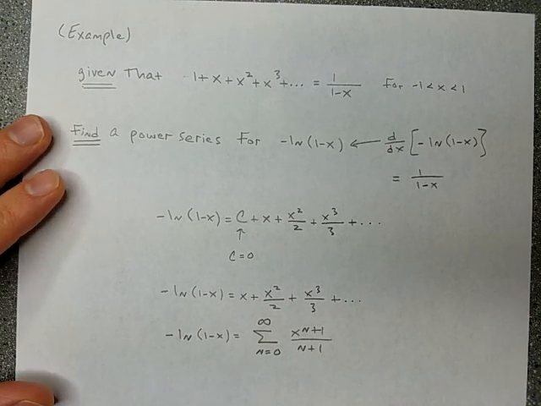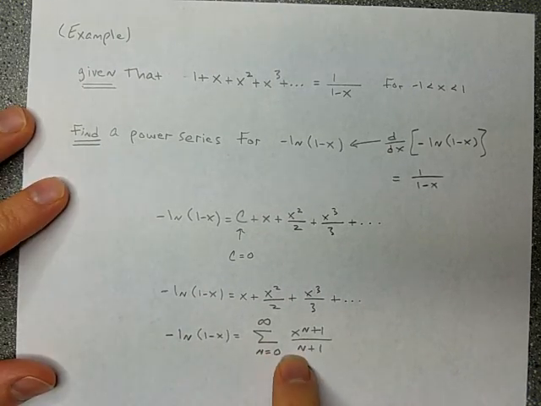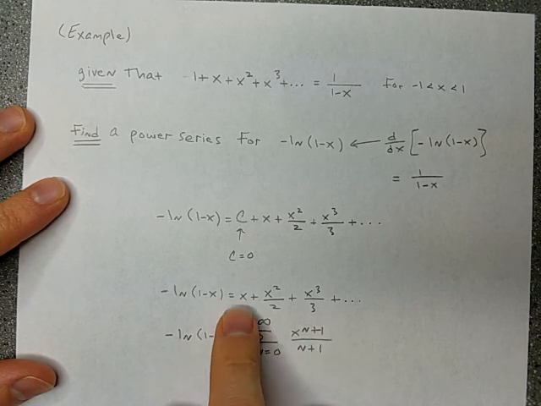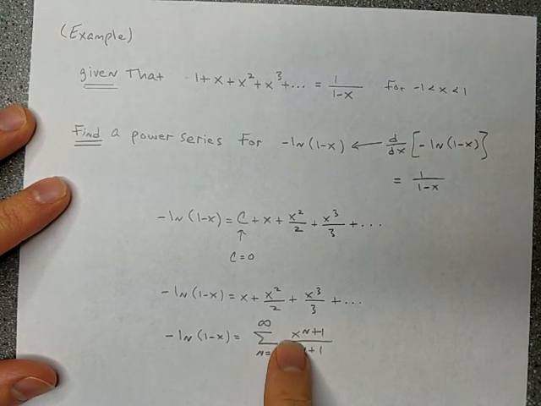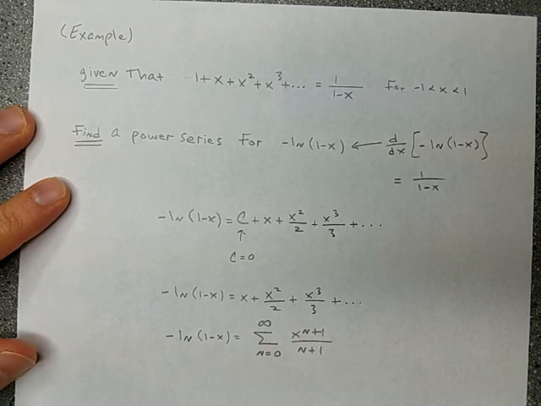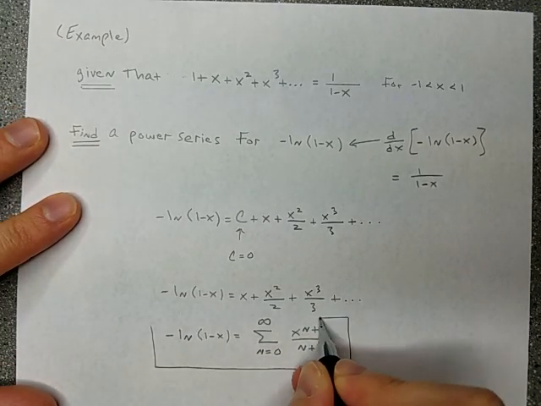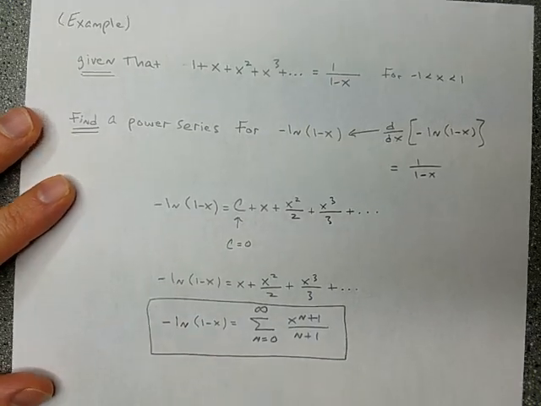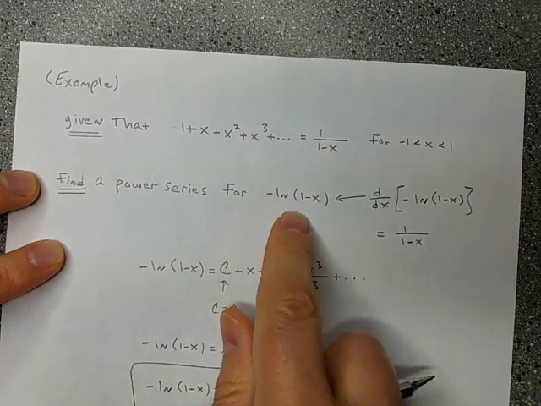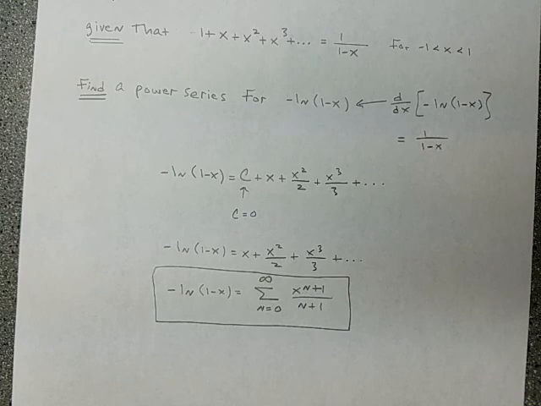That'll do it, right? But let's go ahead and check it. If you put 0 in, you'll get x to the first power over 1. If you put 1 in, you'll get x to the second power over 2, and on and on. So I got my statement. I found a power series for that function, negative natural log 1 minus x.